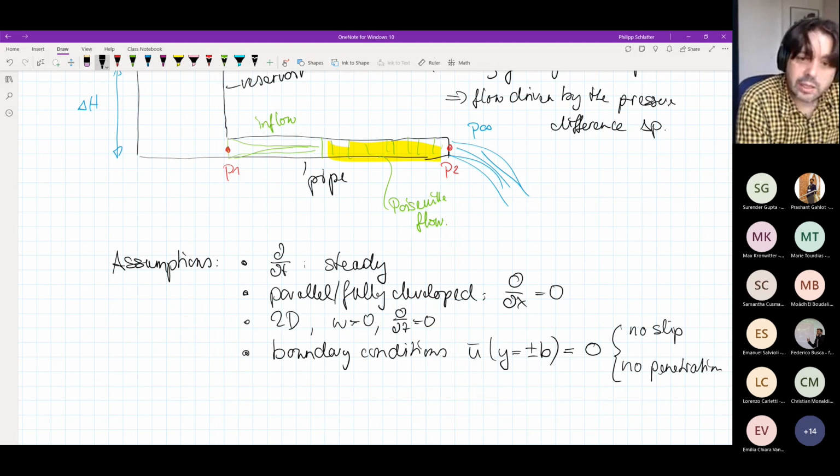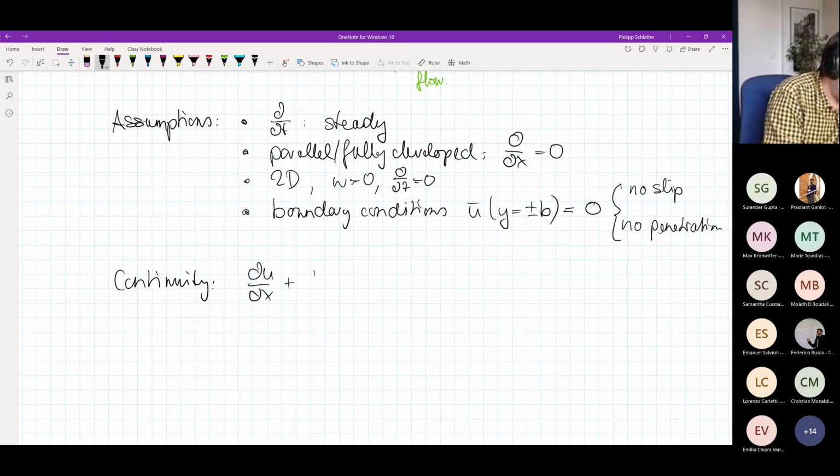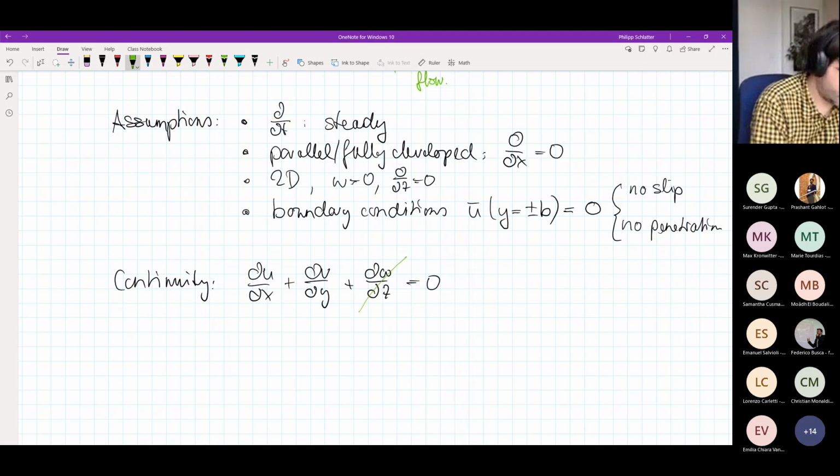Okay, now having stated these assumptions, we go to the equations. So we start with the continuity equation. The continuity equation is, as you know, du/dx plus dv/dy plus dw/dz is 0. Now we need to apply all the conditions that we have. Well, dw/dz is 0, du/dx is 0 because of two-dimensionality and fully developedness.